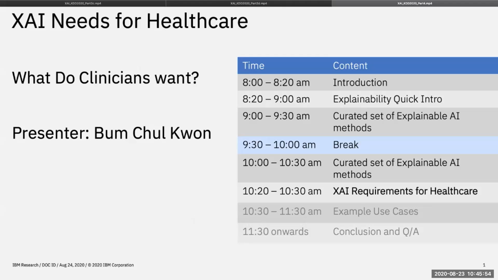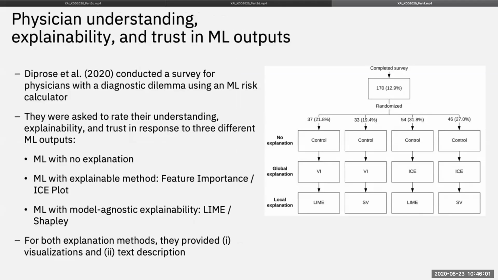In the following session, we're going to learn about what clinicians want from recent papers. We're going to take a look at a recent paper. Ghassemi et al. conducted a survey where physicians were asked to report their understanding, explainability, and trust in three different machine learning outputs. First, machine learning with no explanation.